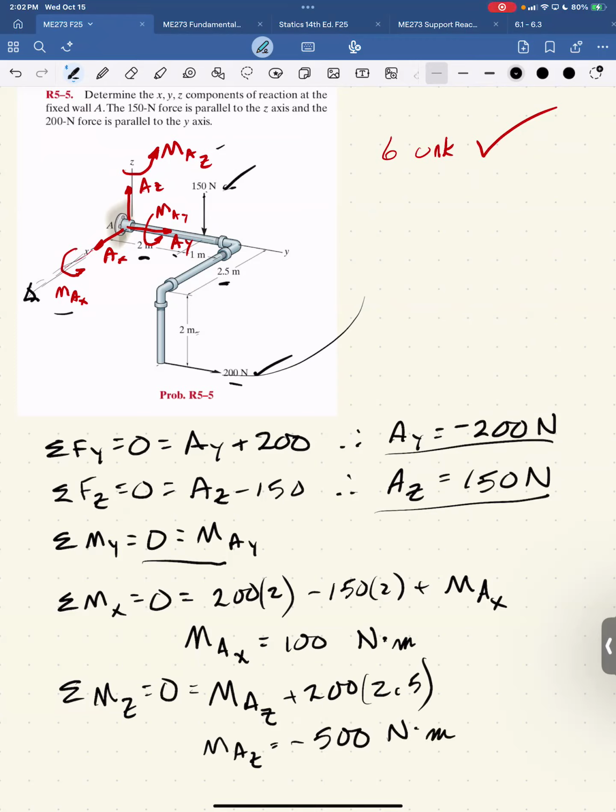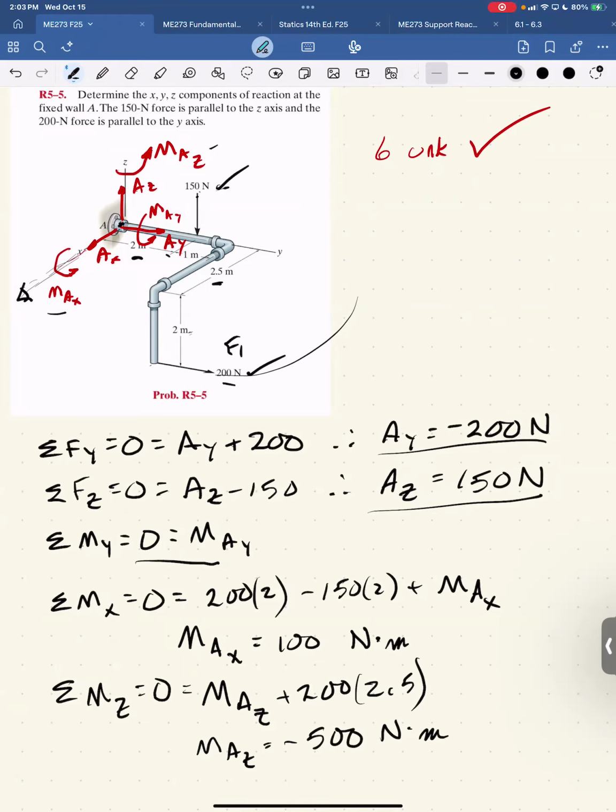Another way to do this is to use the cross product, if you don't want to worry about moving your eye around on the x-axis and turning around and all that. Let's call this force F1. If I want the moment about A, it's the cross product of the vector from here to here, just call that R1.